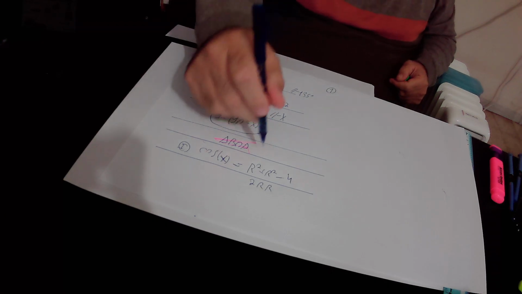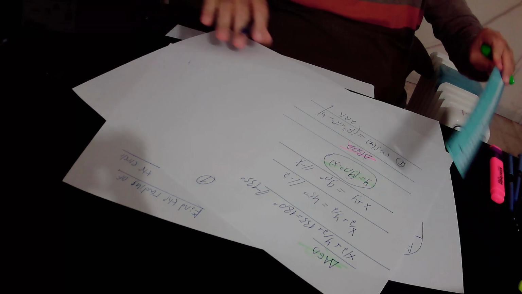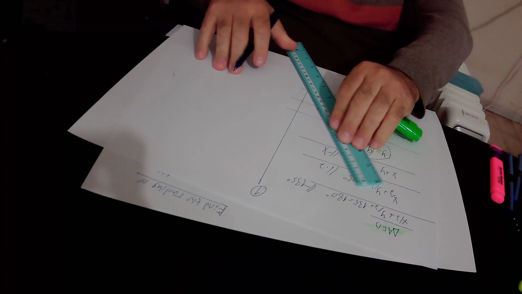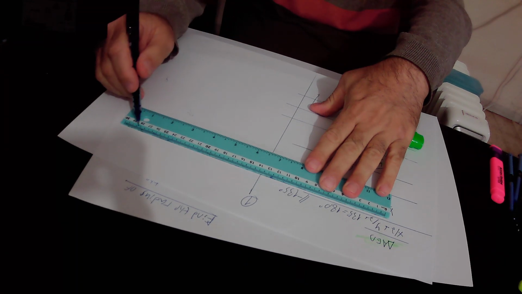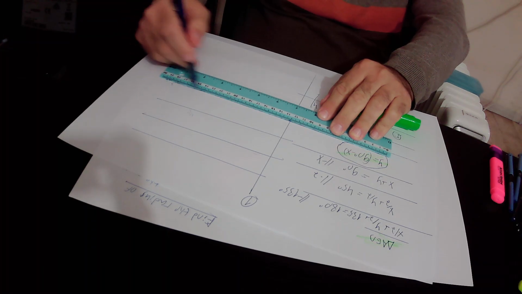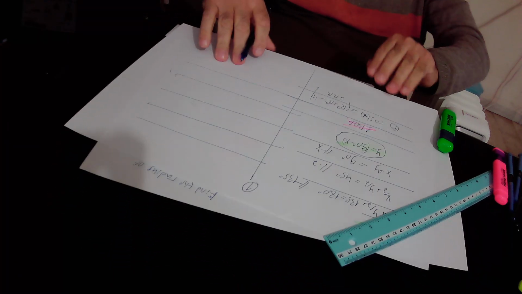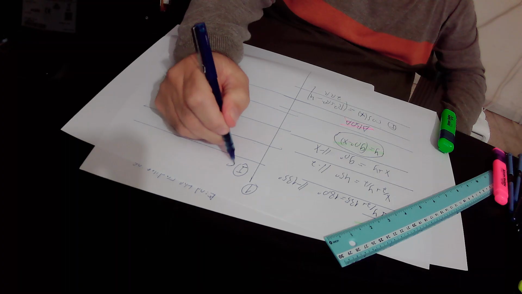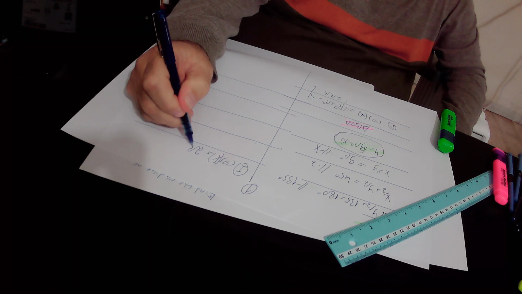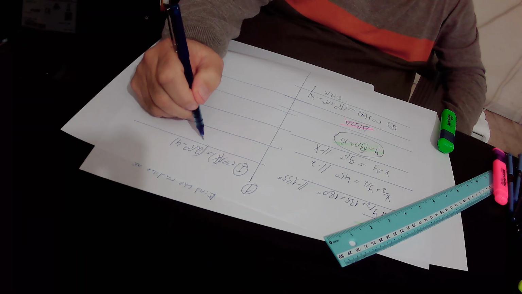Okay, so we found out that according to this equation number 1, cosine x equals r square plus r square is 2r square, minus 4, over 2 times r times r, which is 2r square.